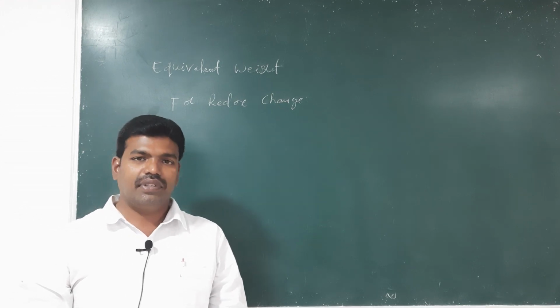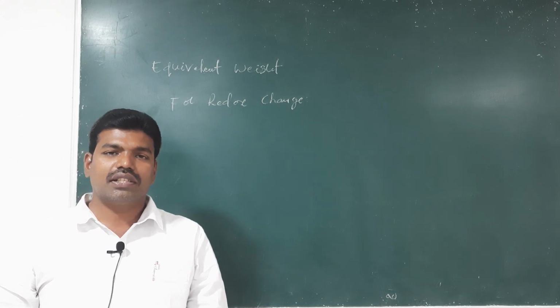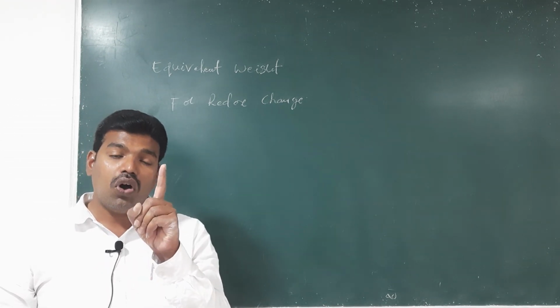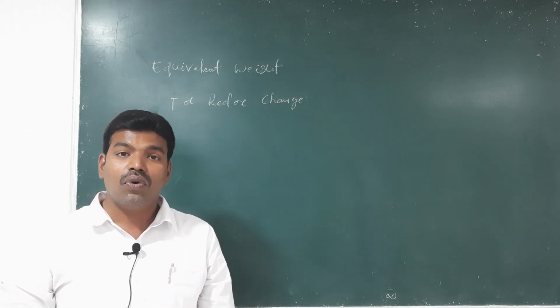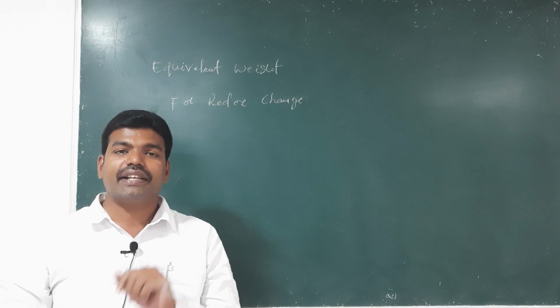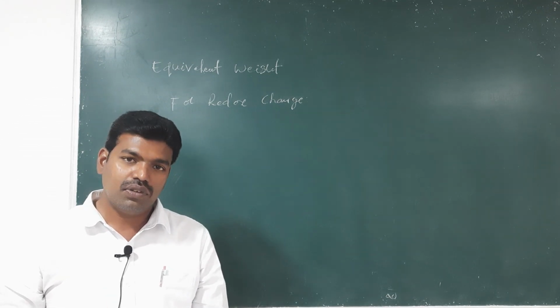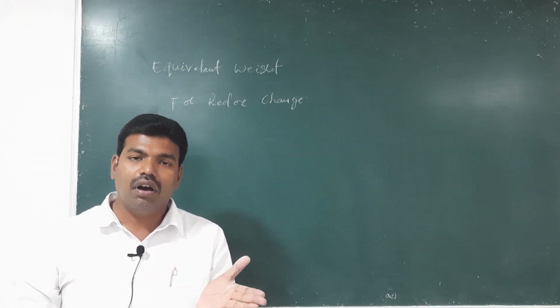For redox changes, equivalent weight is defined as the number of moles of electrons transferred to 1 mole of oxidant or released from 1 mole of reductant. This is known as the equivalent weight of an oxidant or reductant.